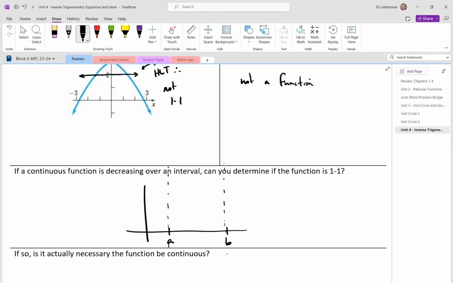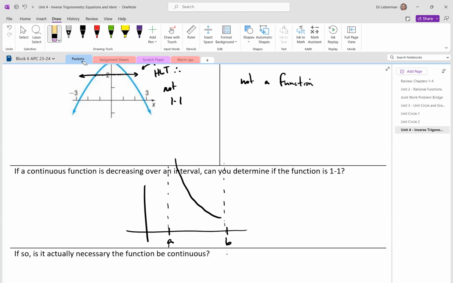So it could be a parabola like this. Yeah, I'm trying to keep it just in the interval. So there might be something else going on outside, but I'm just saying in our world that happens from A to B, is this function going to be one-to-one there?